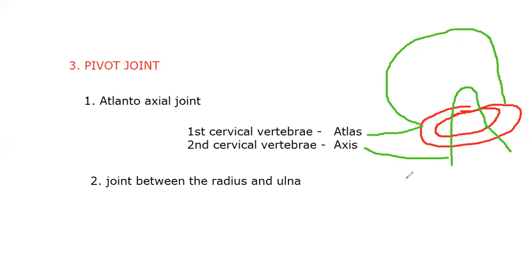We can't do that because the bone will get in the way. When the atlas is rotating, not the axis, this is the vertebral column, this is the second vertebra axis, and this is the atlas. So that is the atlantoaxial joint and the joint between the radius and ulna that I just showed, the pivot joint.